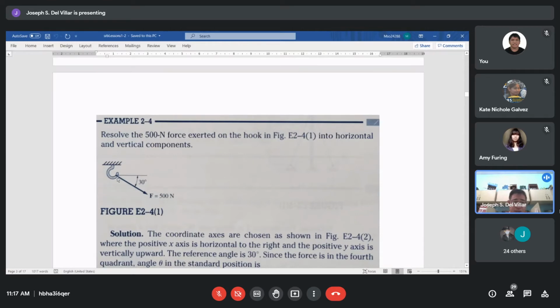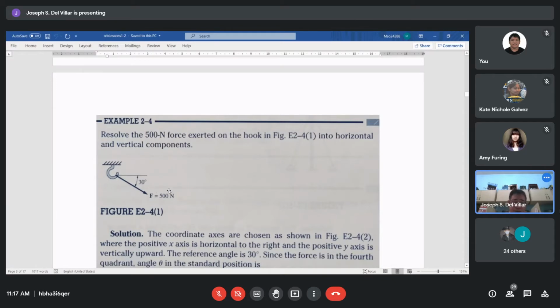Okay? If we take this point of the hook and the arrow as the origin, then from this origin we draw the y-axis and x-axis. That is why I described earlier the force as 500 newtons, 30 degrees below the positive x.